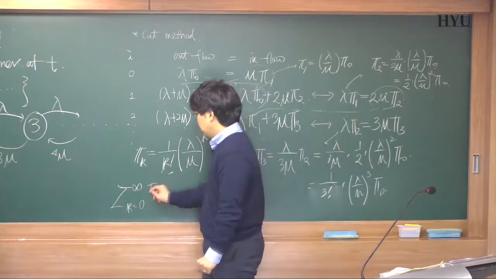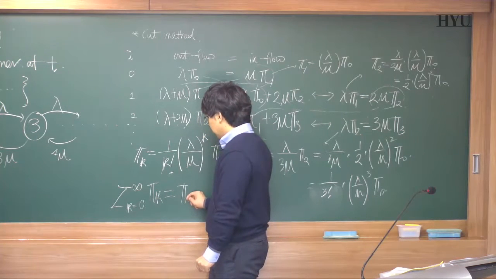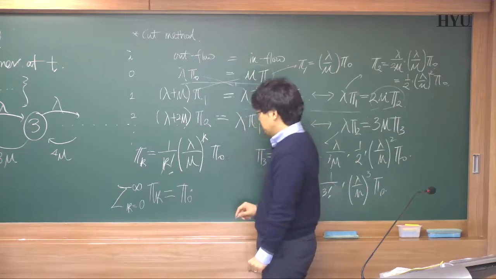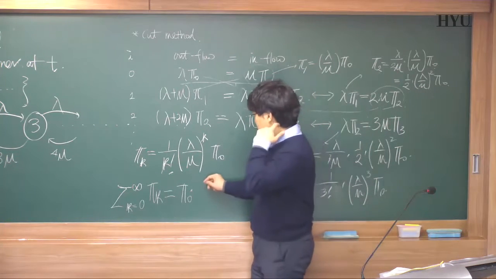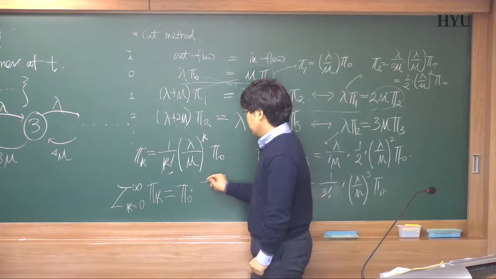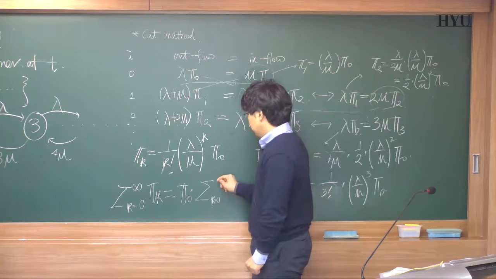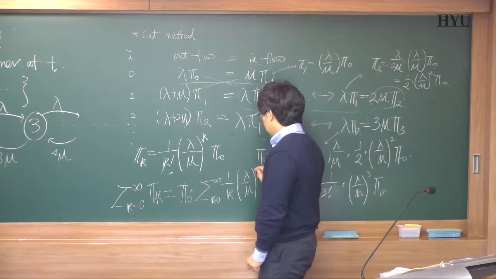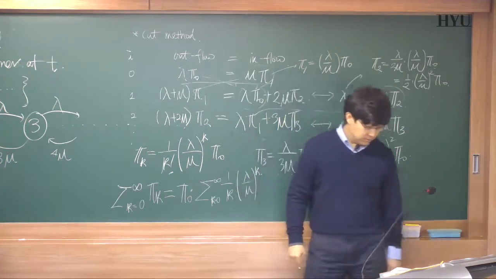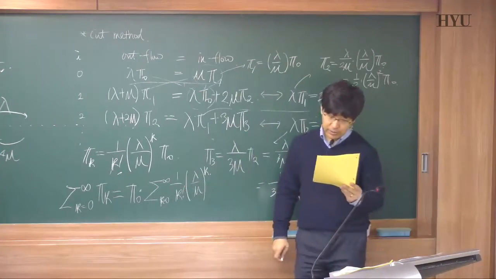Pi k summed is the same as pi 0 times the summation of k from 0 to infinity of 1 over k factorial times (lambda over mu) to the k's power. Okay.